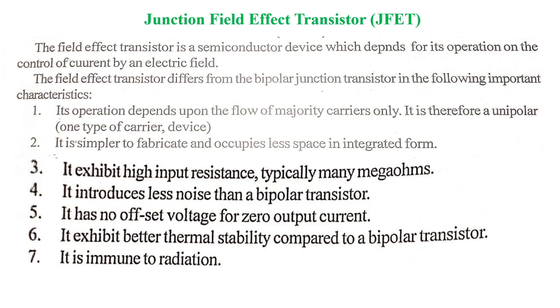This permits a high degree of isolation between the input and output circuits, and the operation of JFET depends upon the bulk material current carriers that do not cross junctions. Therefore, the inherent noise of tubes is not present in a JFET.